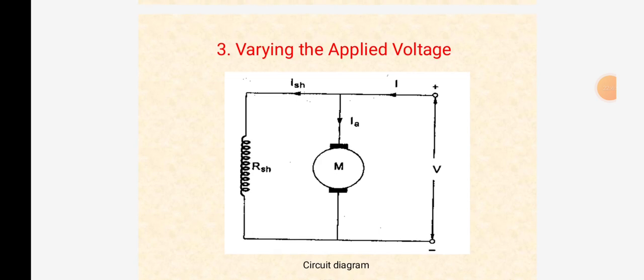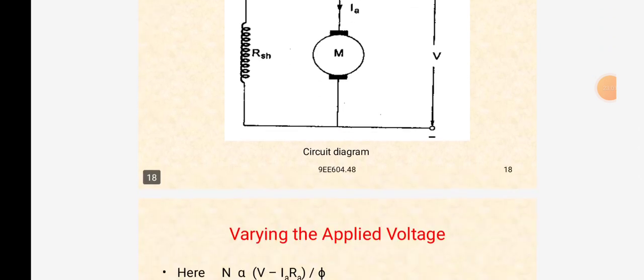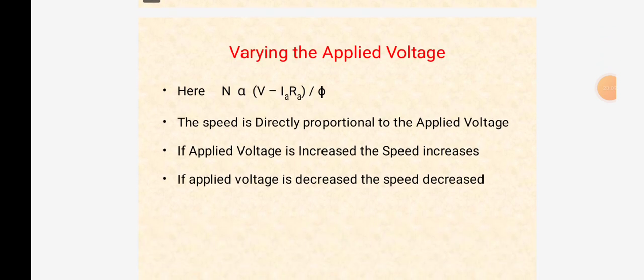In this method the input voltage to the motor is varied, because the speed of the DC motor is directly proportional to the applied voltage. Hence, by varying the applied voltage, the speed of the motor can be controlled. This is the equation N directly proportional to V minus Ia Ra by flux. Here the speed is directly proportional to the applied voltage.